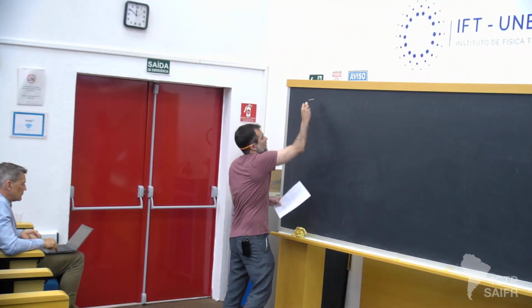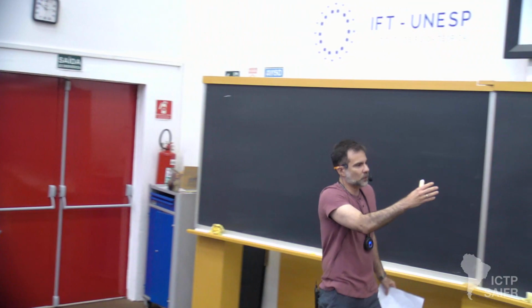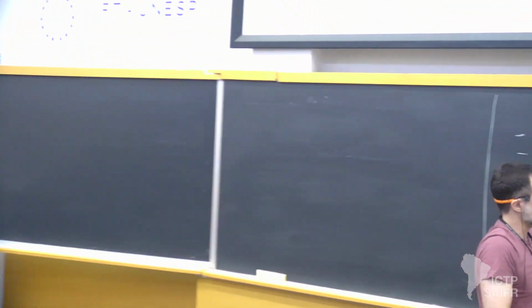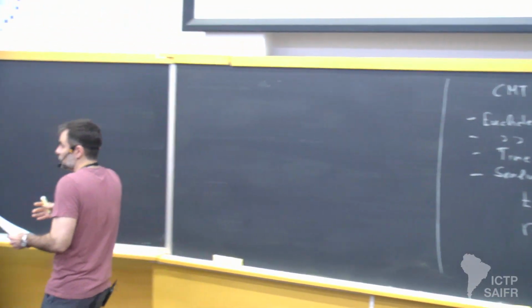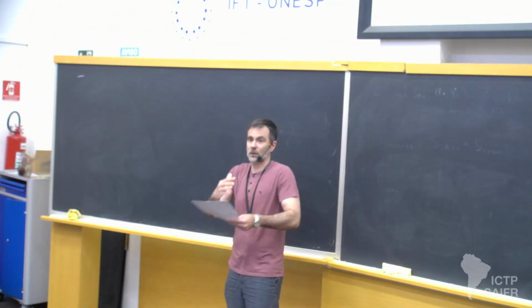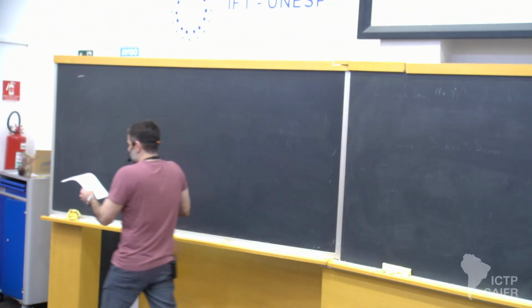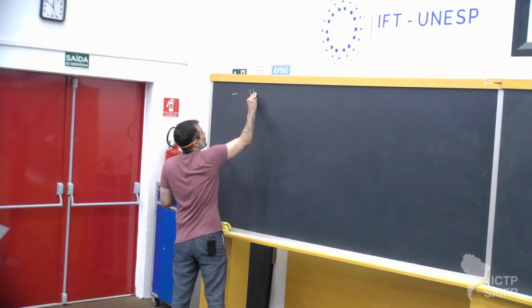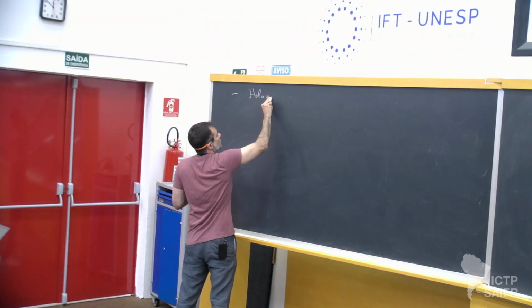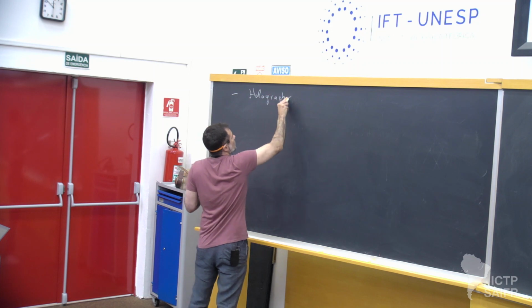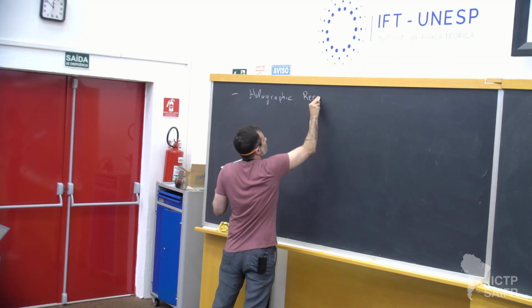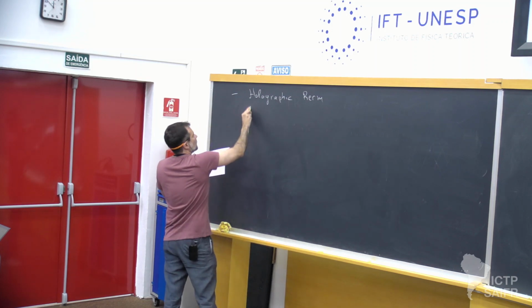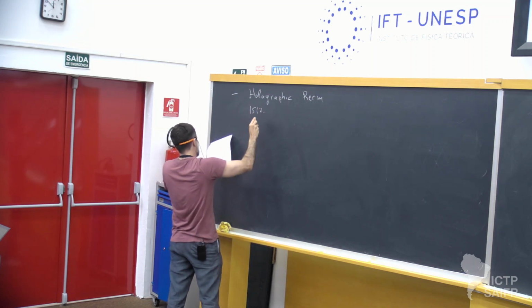To do this properly, you would have to take some bulk action and do the holographic renormalization with respect to the AdS fixed point, not the UV fixed point. There are a couple of papers which have done that for these Lifshitz geometries. There is this, if you want to have a look.